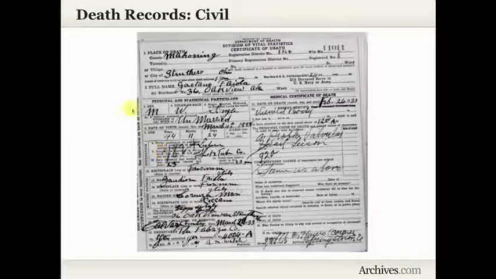Now here we have a death certificate for Gaetano Faiola, who died in Mahoning County, Ohio in 1933. And his birthplace is listed as Frosinone, Italy. So we see him on the census as birthplace of Italy, but now we have a specific town in Italy.